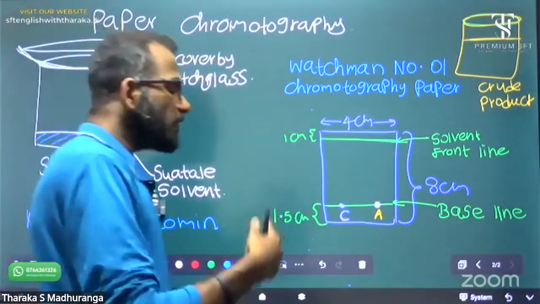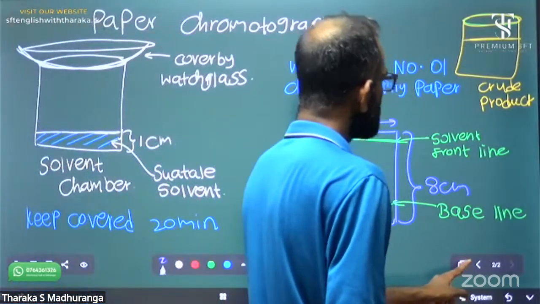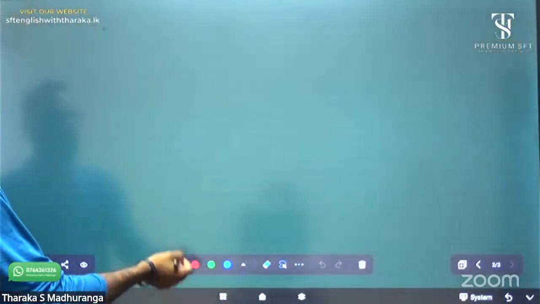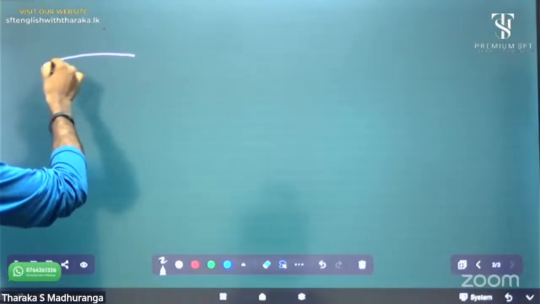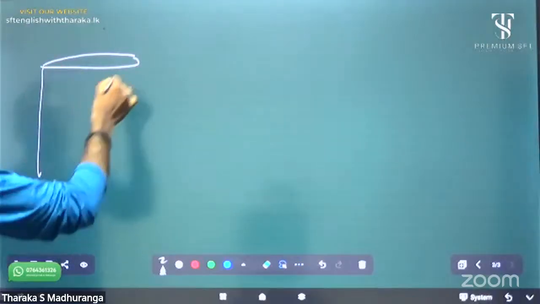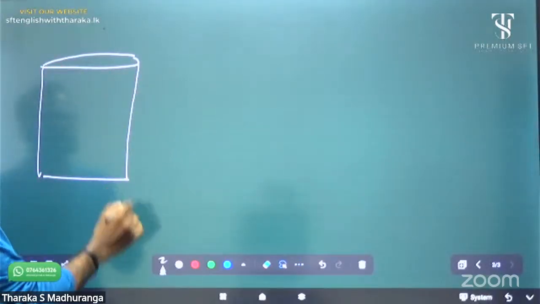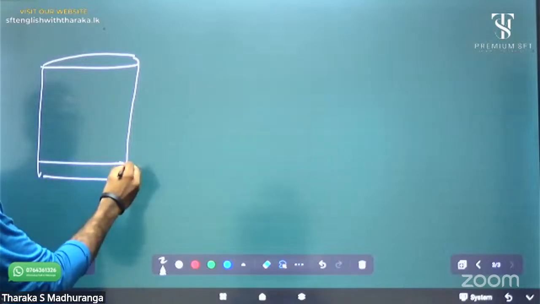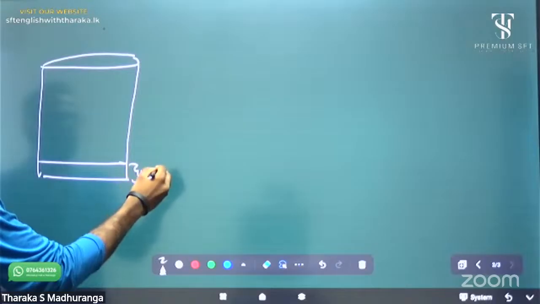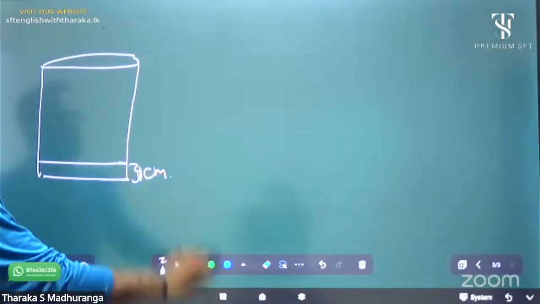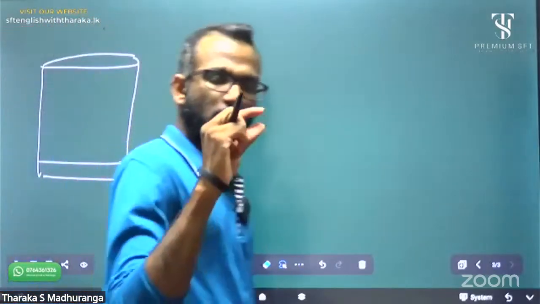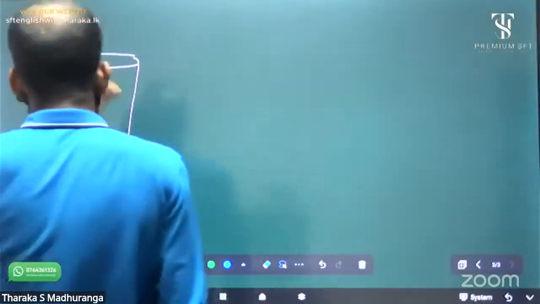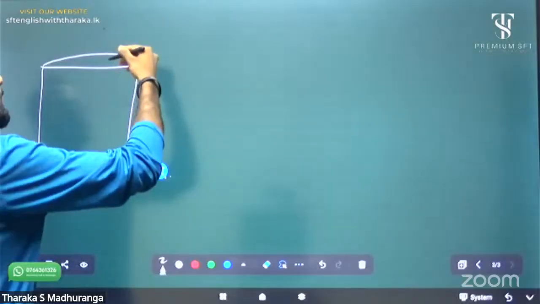After that, we can open and get the solvent chamber. This is a solvent chamber now, with 1 centimeter solvent level after 20 minutes.